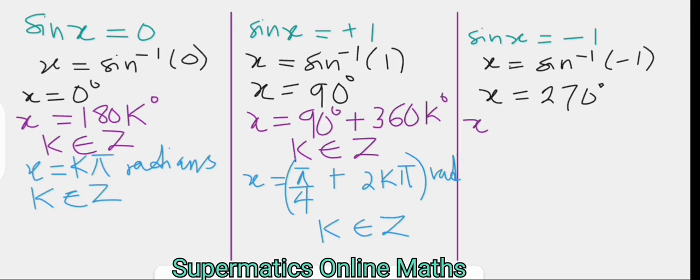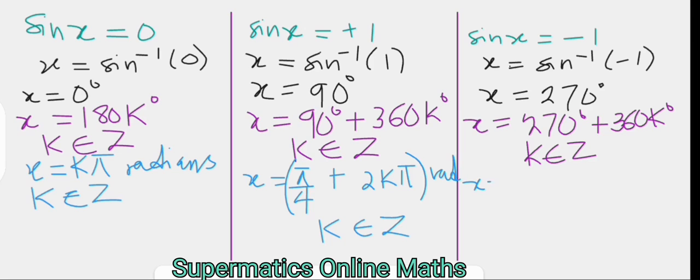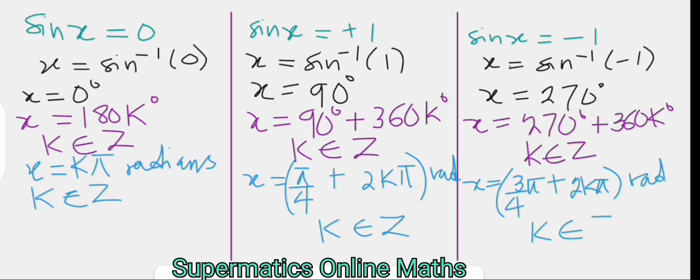Therefore, we can write in degrees that x is 270 degrees plus 360k degrees. Still, k is an integer. In radians, we can say that x is 270 being 3 over 2 pi plus 360k degrees is going to be 2k pi in radians. K is an integer.